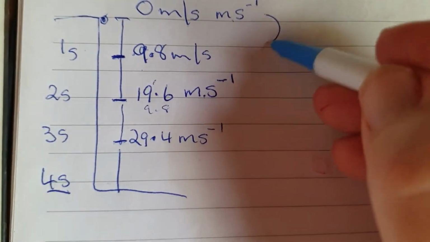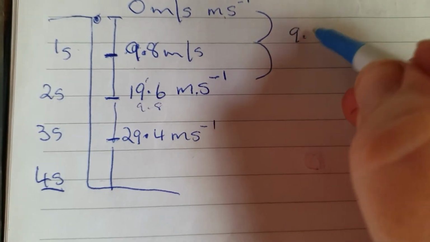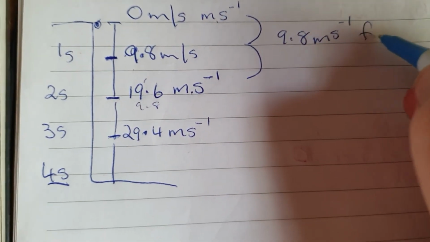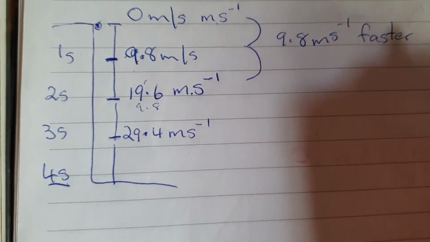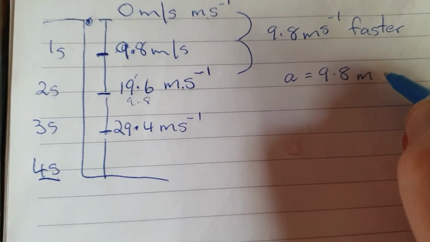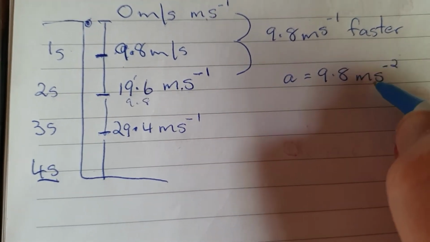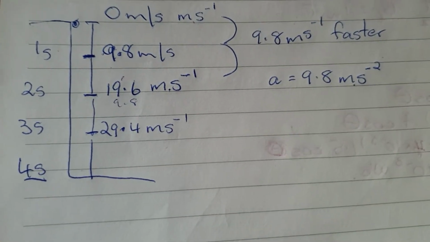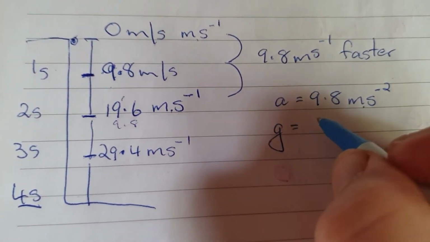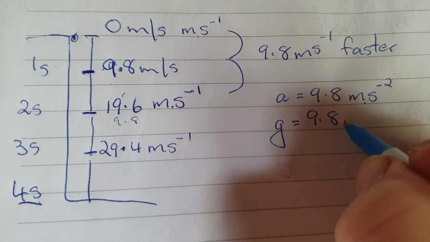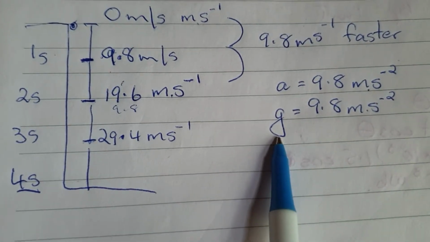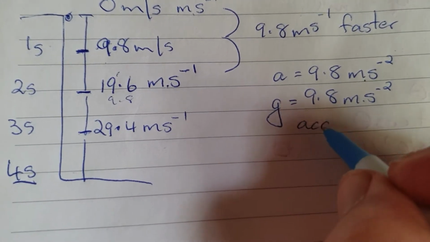So each second, it's getting 9.8 meters per second faster. So the acceleration equals 9.8 meters per second squared. That's got its own special symbol, g, because it's a constant that we use for lots of things. So g is the acceleration due to gravity.